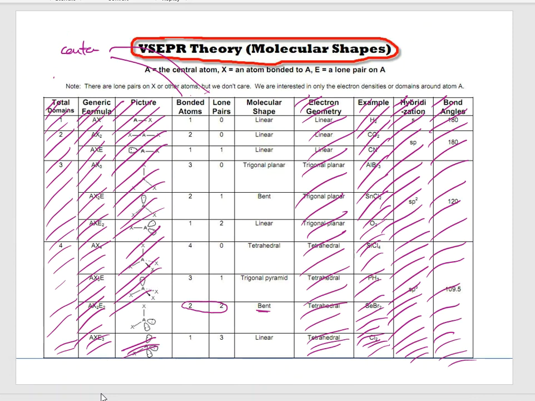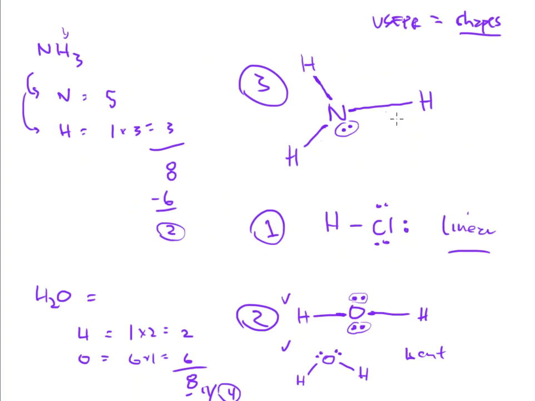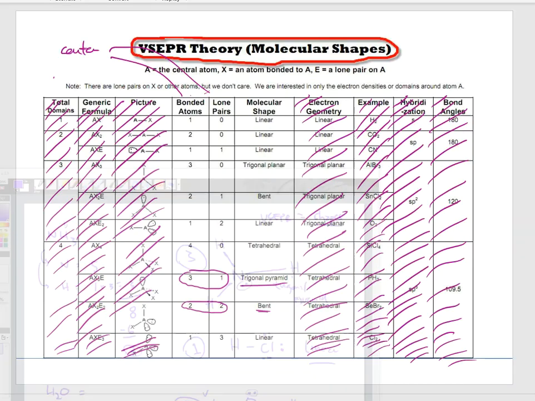And then as I keep going, 2, 1, 4, 3, and then there's a 1, so there's my match. 3 things bonded to the center, 1 pair of electrons on the center. So this shape is called a trigonal pyramid. All right, so a trigonal pyramid would be the shape of this structure in a three-dimensional fashion.